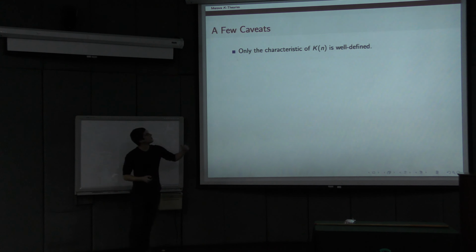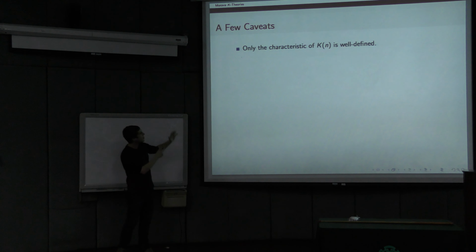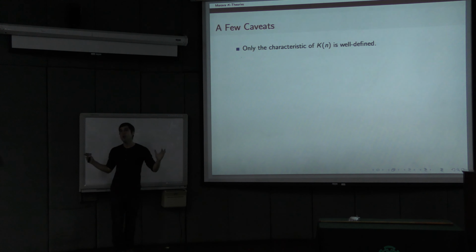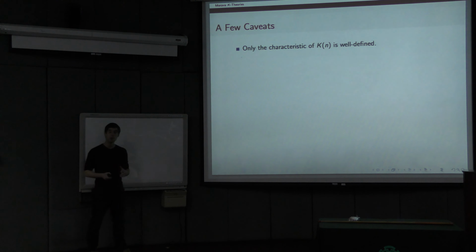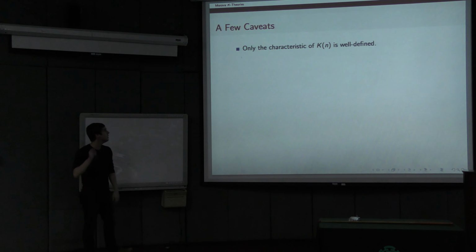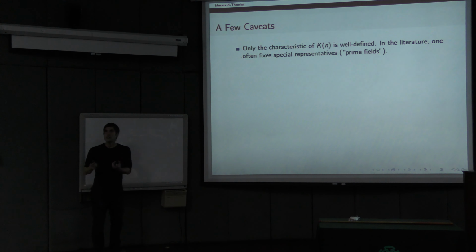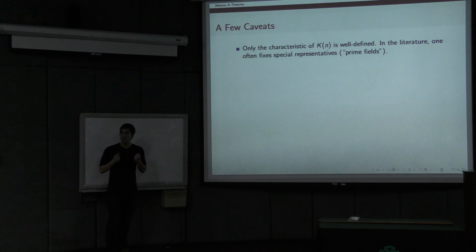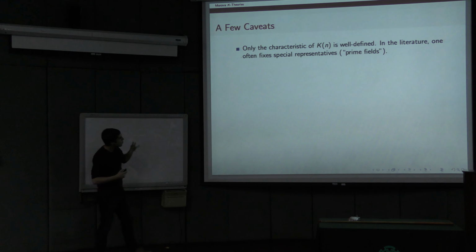Okay, so let me make a few remarks about that, including addressing your question. First, what I defined K(n) to be is really just an equivalence class of cohomological fields, up to this equivalence relation of having the same characteristic. But in the literature, K(n) often refers to something more specific: a particular representative of this equivalence class, which is in some sense as small as possible.